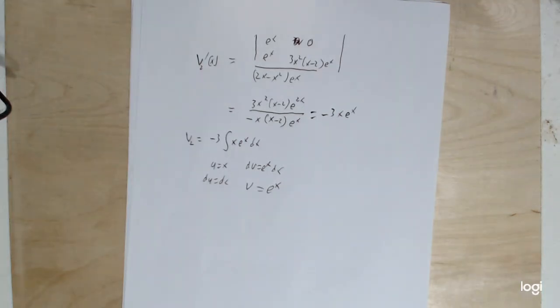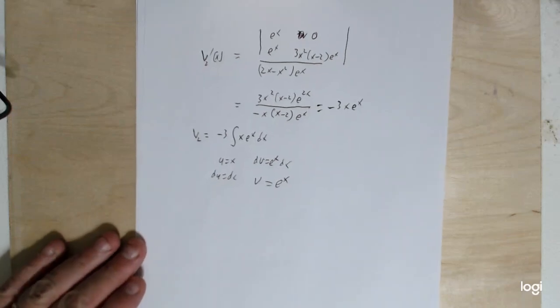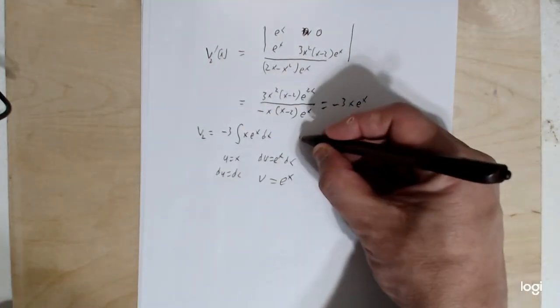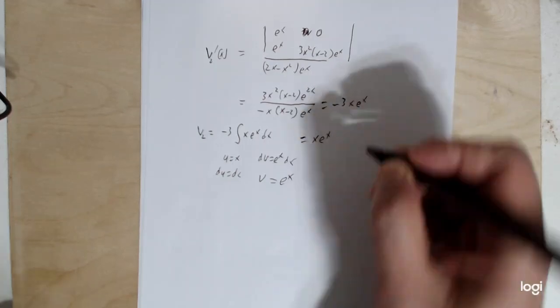Okay, so you can follow along there. Sorry about the shadowing, but my light's not cooperating totally. So this is going to be u times v, so x e to the x.